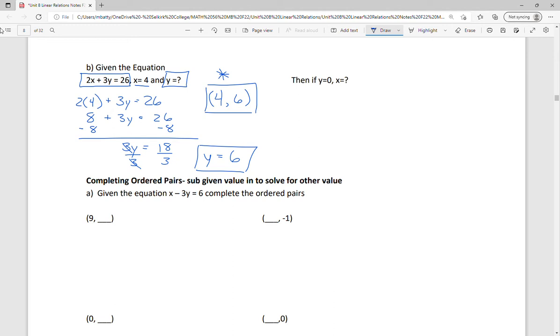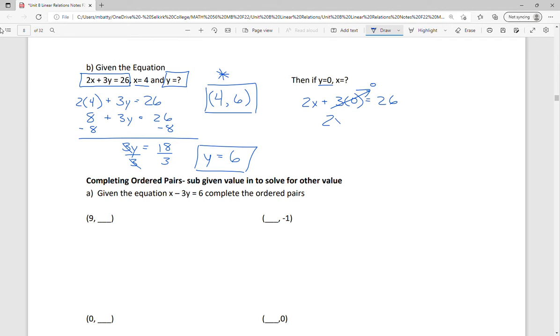So we've got the same equation. This time I know what y is equal to, so I copy out the equation, subbing what I know in, and prepping myself to solve for the other variable. Now, subbing 0 in is really awesome because anything times 0 is 0, and that basically all just goes away.